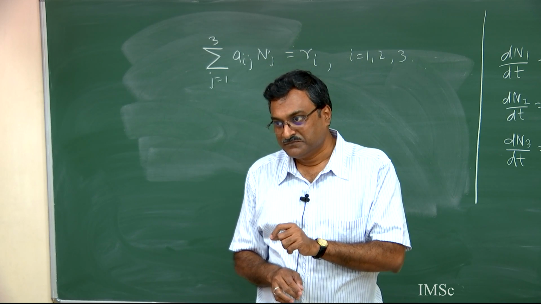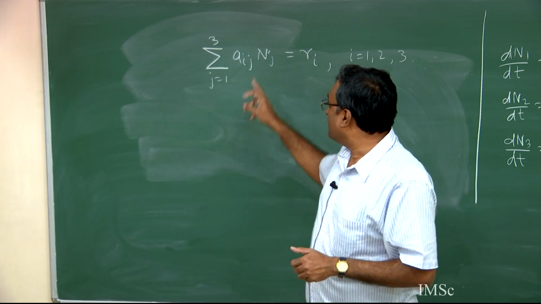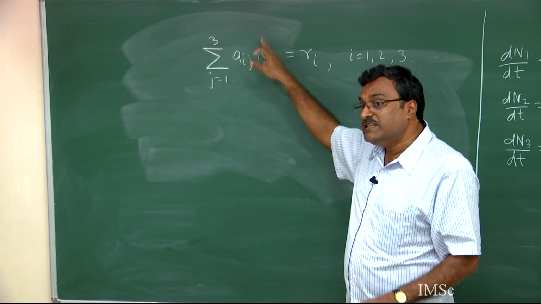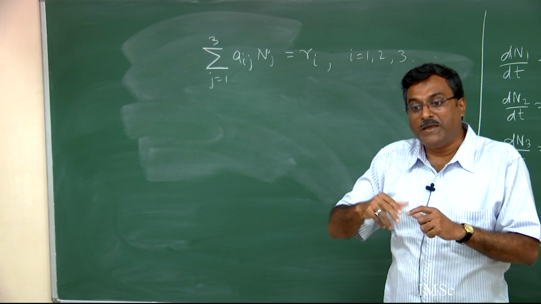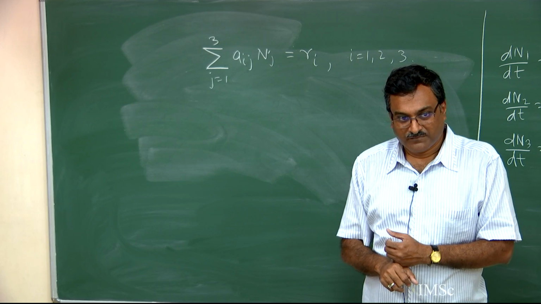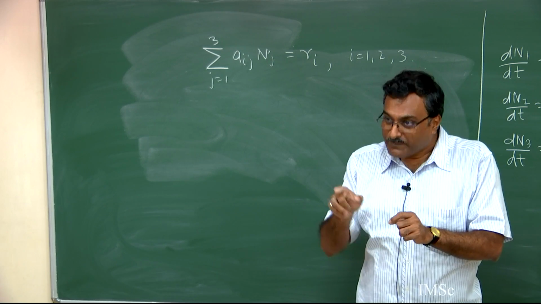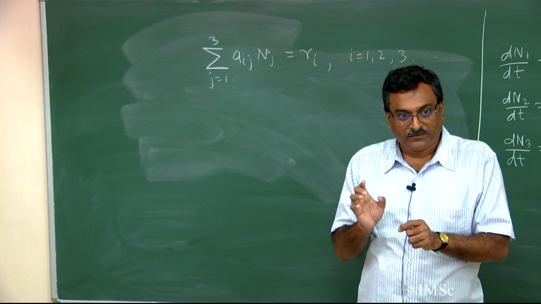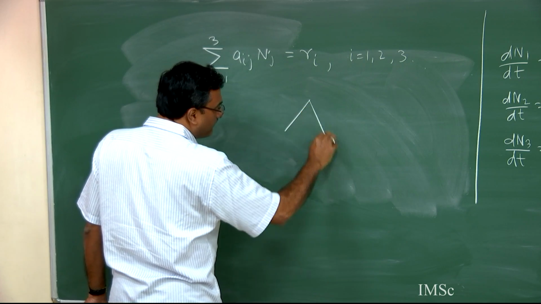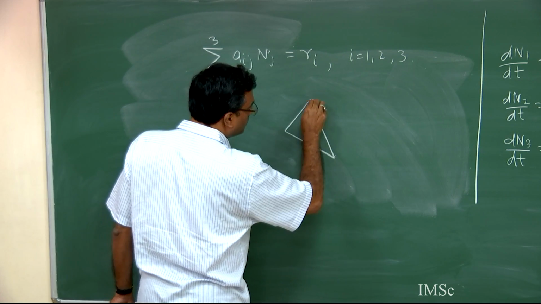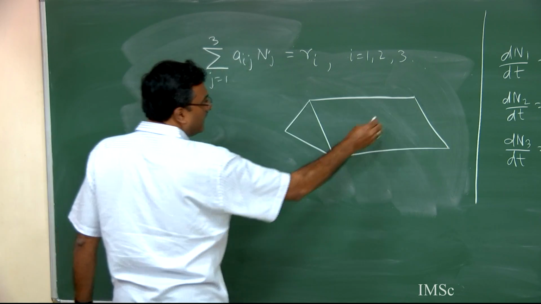Also, there may be a situation where these equations are inconsistent, such that you can have some pairwise solutions, but there does not exist any solution satisfying all the 3 equations. The simple geometry involved is that you can think of 3 planes situated in this way.